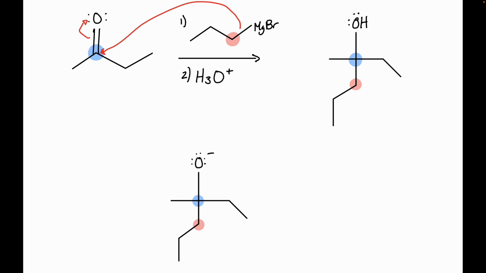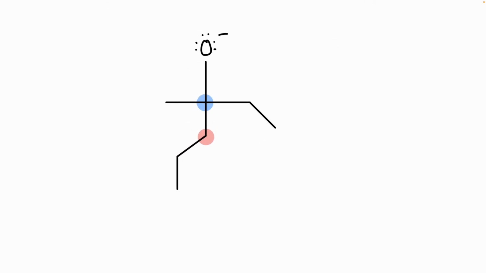This intermediate we see a bunch, and we're going to see it a whole lot more moving forward. We're going to give it a name here. This is what we call our tetrahedral intermediate.